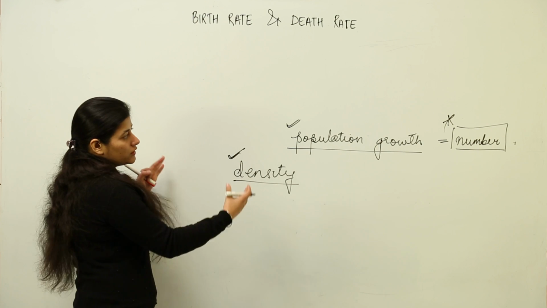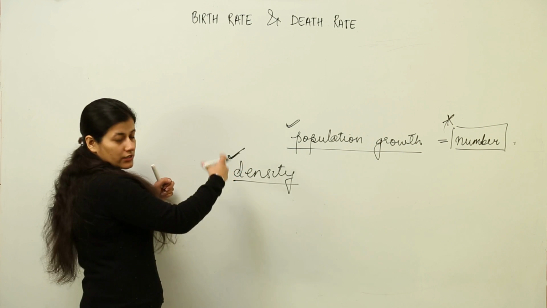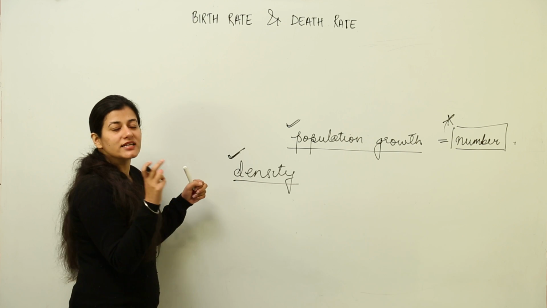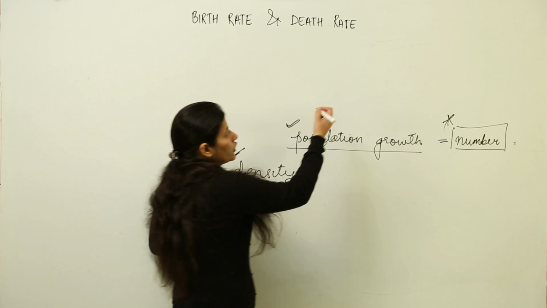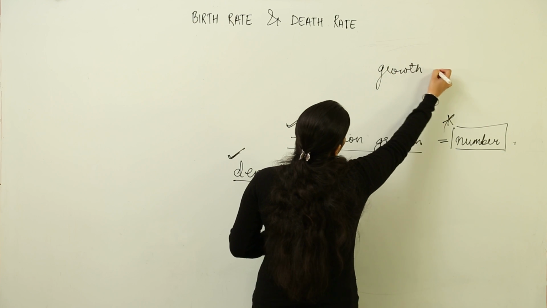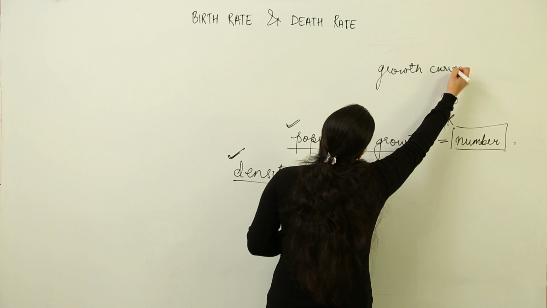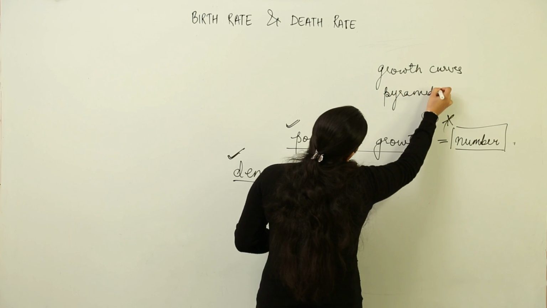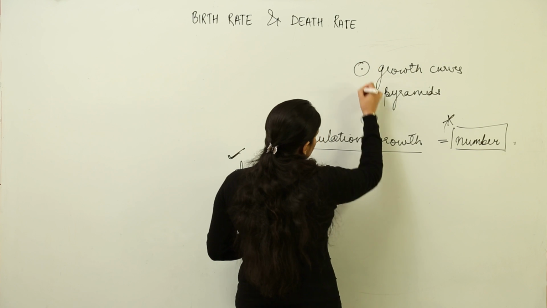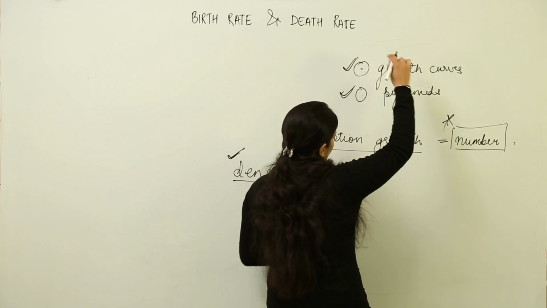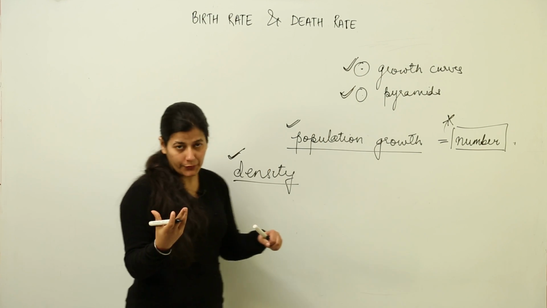Now, why am I talking about these terms, why are these to be taken into consideration? Do keep in mind that the important aspect of our syllabus is growth curves, that is population growth curves, and pyramids, age pyramids. Now, keeping aside all the things that you have studied till now, these two things are important from the examination point of view.